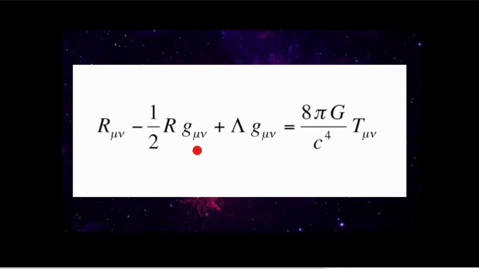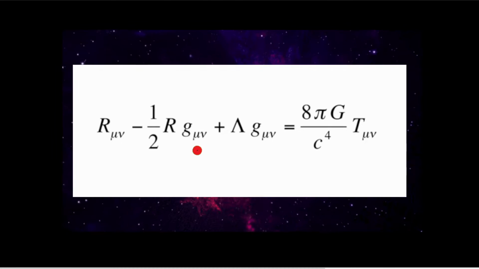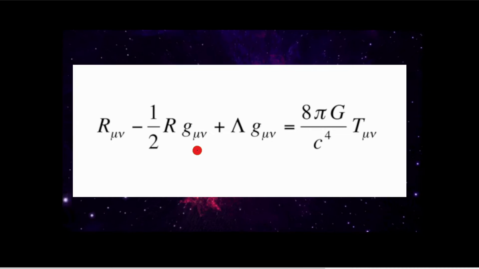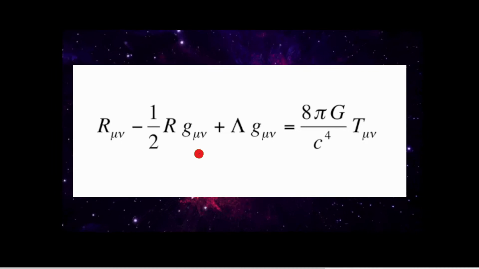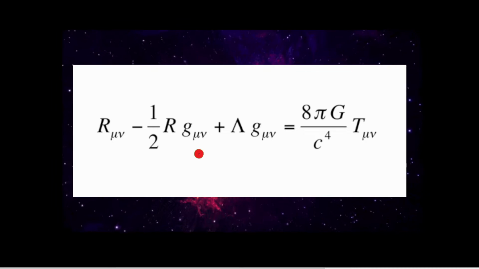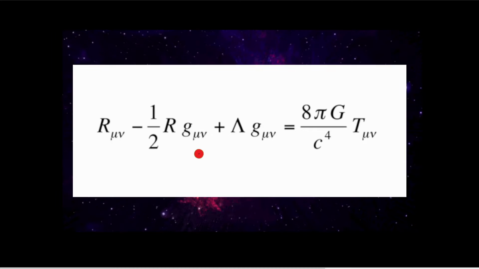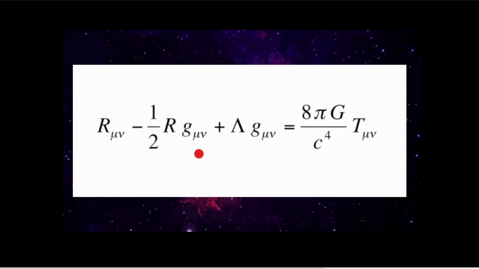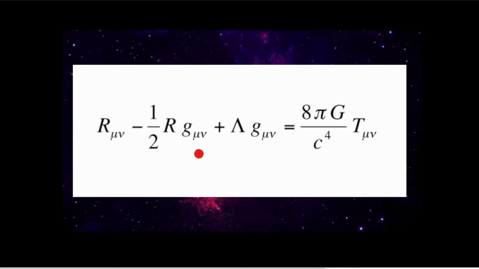Mu and nu represent the dimensions of space-time, including naught, 1, 2, and 3. Naught represents time, 1 represents the x-axis, 2 represents the y-axis, and 3 represents the z-axis. Thus, mu and nu can take on 4 values, or up to 11 values, depending on how many dimensions you are working with.